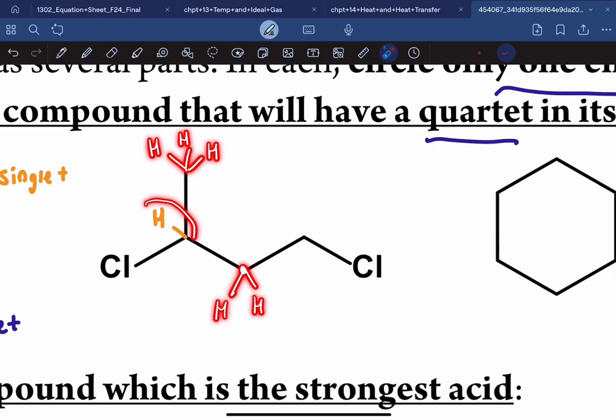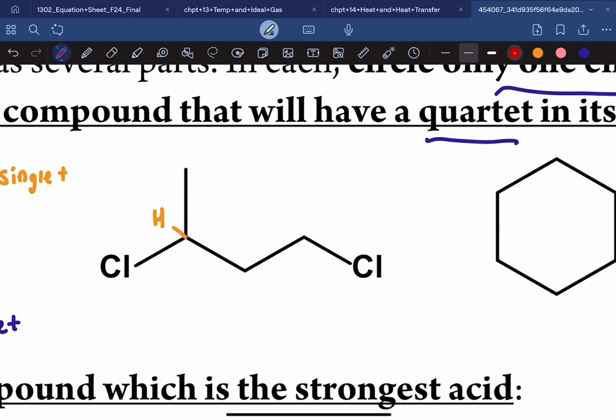So if we look at the splitting pattern on this H, we got 1, 2, 3, 4, 5. 5 H's, okay? So that means that n plus 1 is going to be 5 plus 1, which is 6. It's a 6 splitting pattern. I don't know why I can't remember the name, but it's not a quartet. So this is wrong, okay?